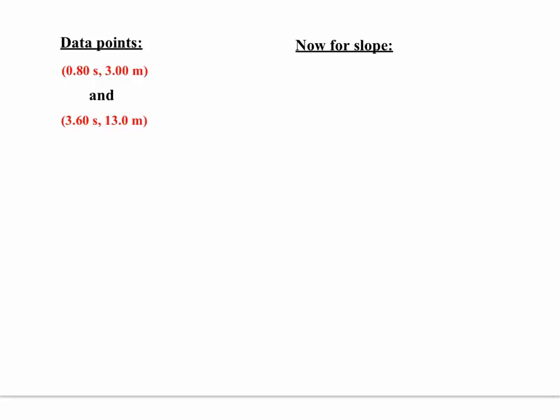Alright, so now let's move into the slope calculation piece. You've probably heard the terms rise over run from math class, or hopefully you've heard that slope is equal to the change in y over the change in x. When you see this triangle, that's the Greek letter delta, and we use it to signify a change.